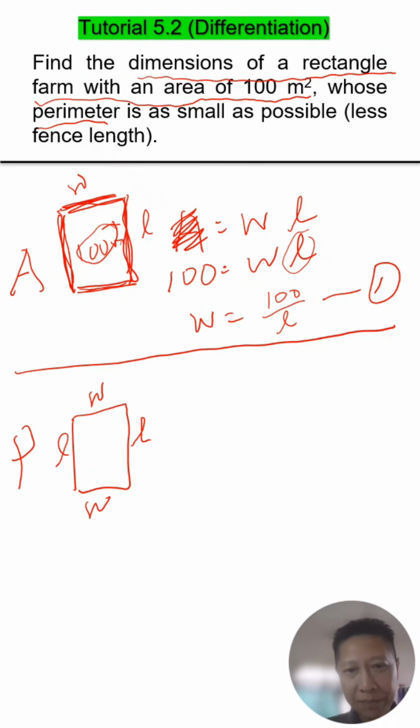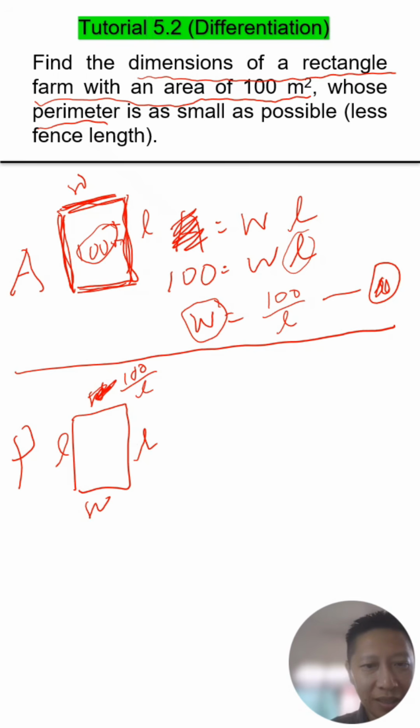Now we have width and length in this first equation relationship. We have the width as the subject, which means that we can erase the width and replace it with 100 over the length here.